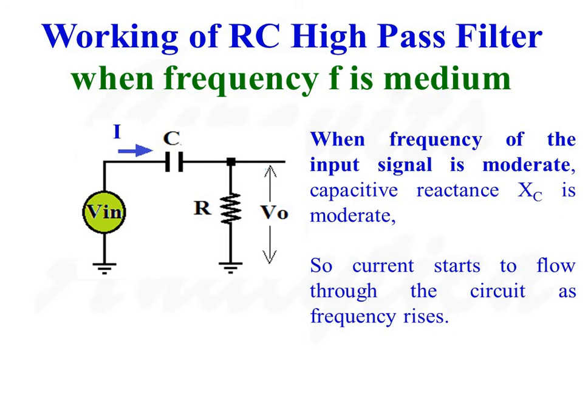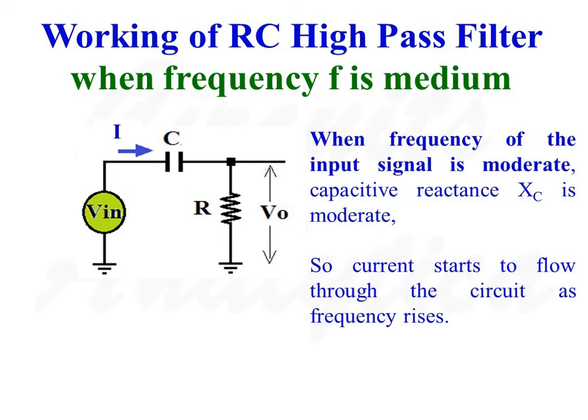Now let us discuss the operation of RC high-pass filter when frequency F is in the mid-range, when frequency F is medium. When frequency of the input signal is medium, capacitive reactance Xc is moderate, not so high and not so low. So current starts to flow through the circuit as frequency increases.